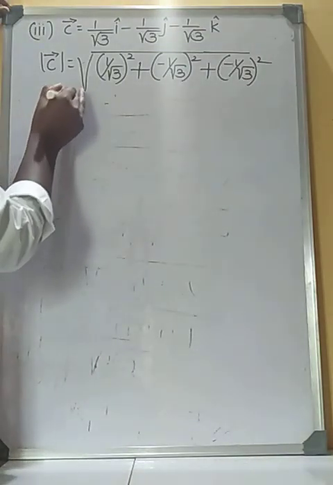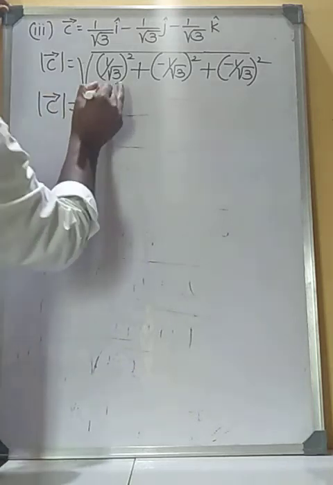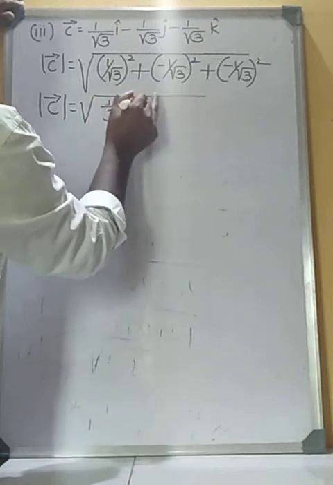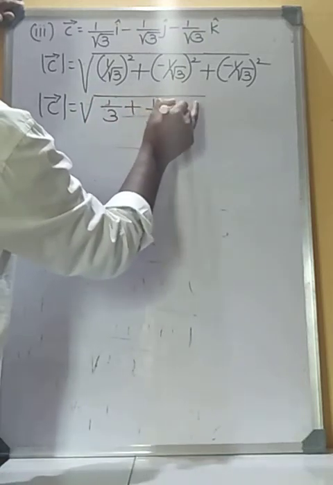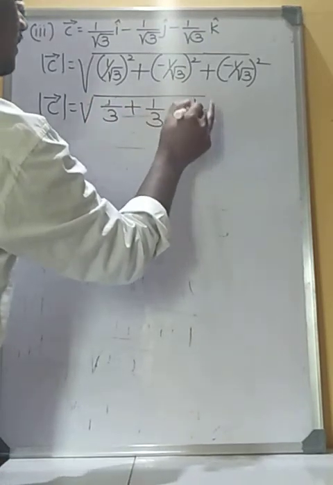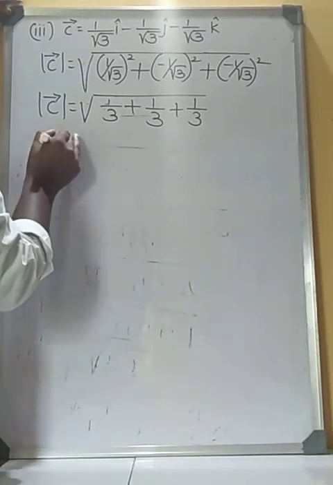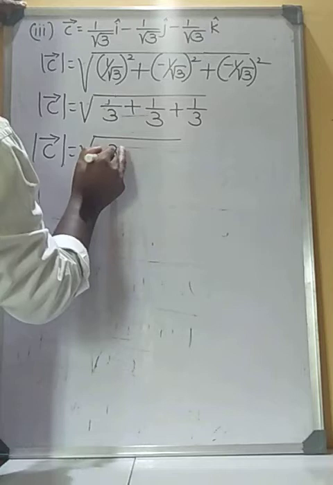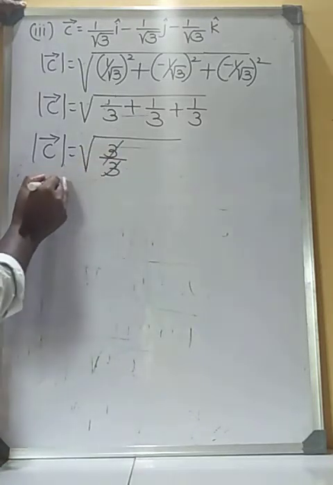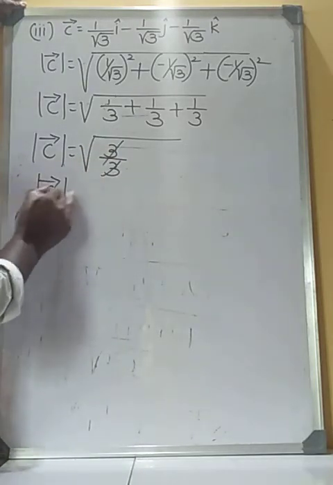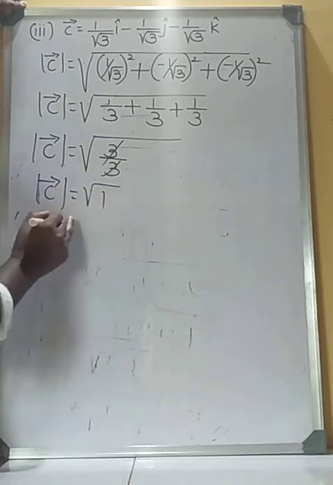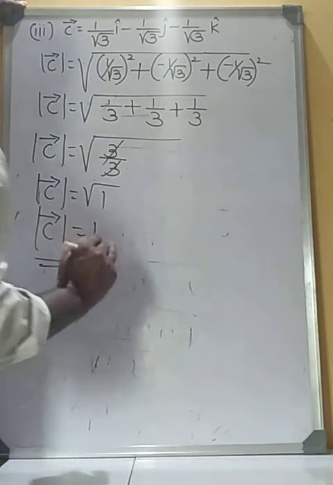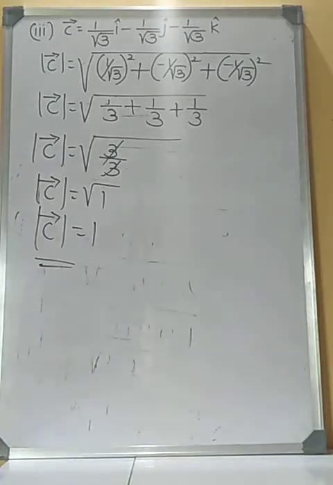Therefore, magnitude of C vector is equal to root of 1 by 3 plus 1 by 3 plus 1 by 3, which is 3 by 3, which is root 1. Therefore, magnitude of C vector is equal to 1.